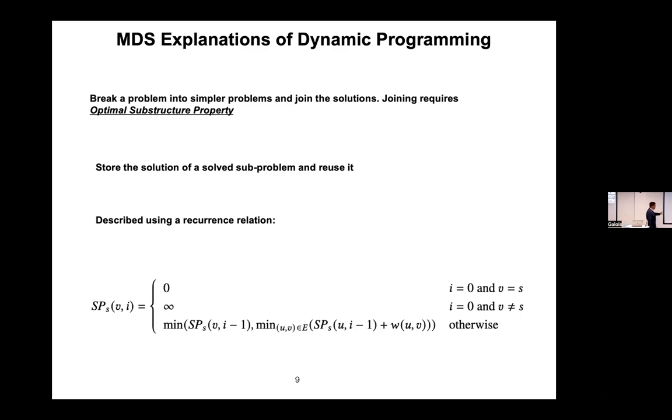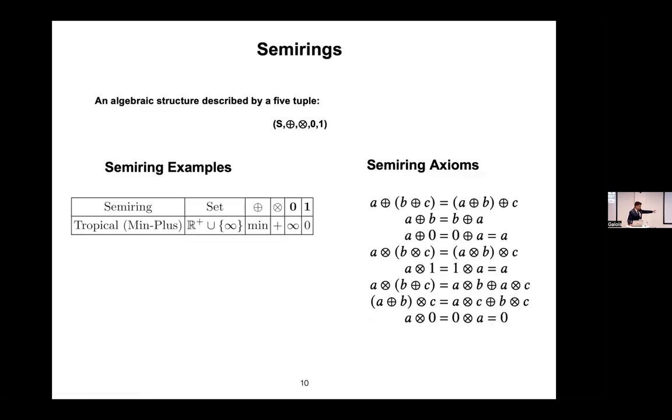DP problems are characterized by the recurrence relation. For example, SP is the recurrence relation for the shortest path between nodes S and B using at most I number of edges. Every DP problem will have a recurrence relation.